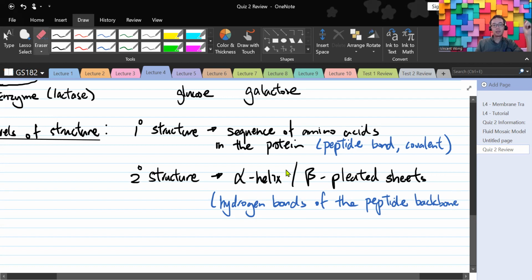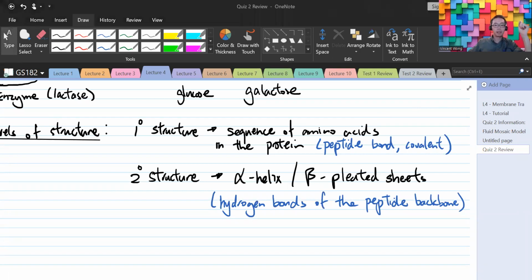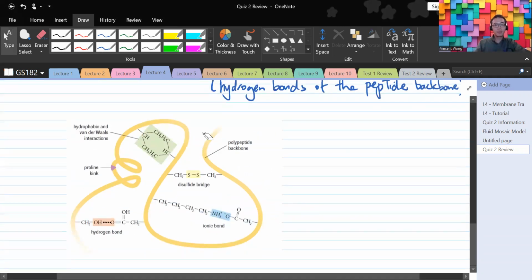Okay. Let me just pull a picture from the lecture notes to show you. Give me 1 second. Okay, so you can see in this picture, this yellow ribbon, that's the peptide backbone.